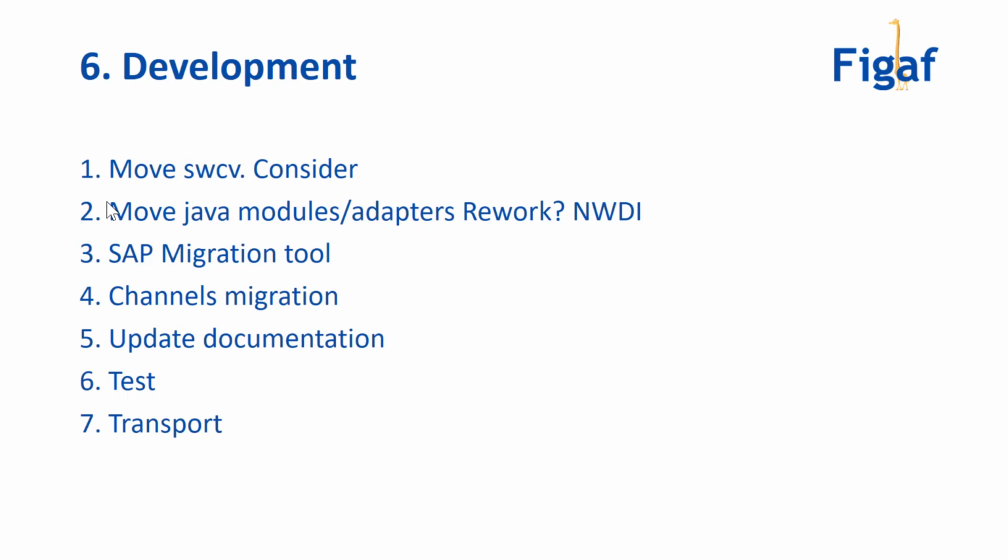So how does the development work for a single interface, or whatever it would be like? So you got to move the software components. You would export and import them.